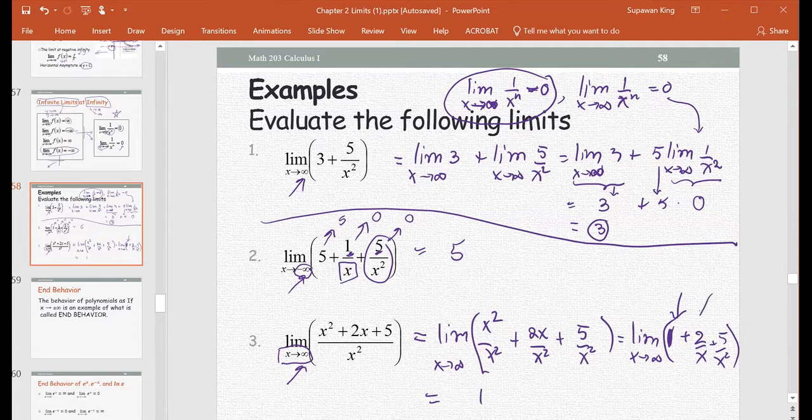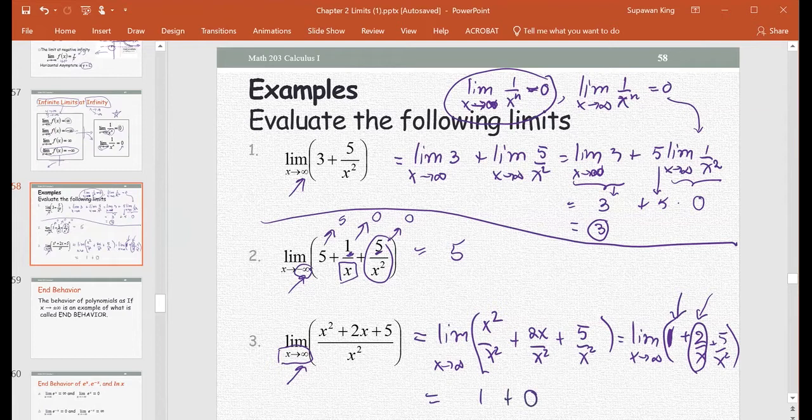And how about the limit of 2 over x as x approaches infinity? As x approaches infinity, what happens to the 2 over x? Should it be 0? Yes, it's going to be 0.